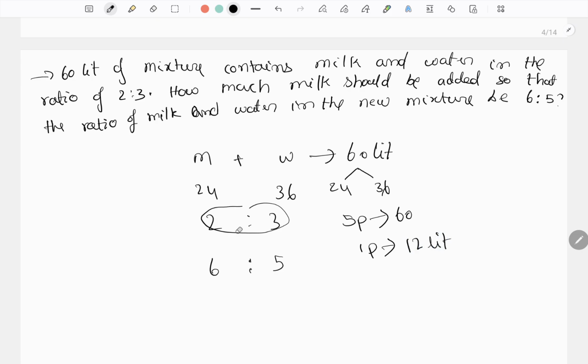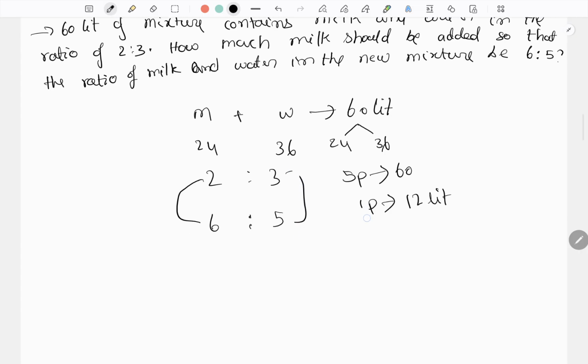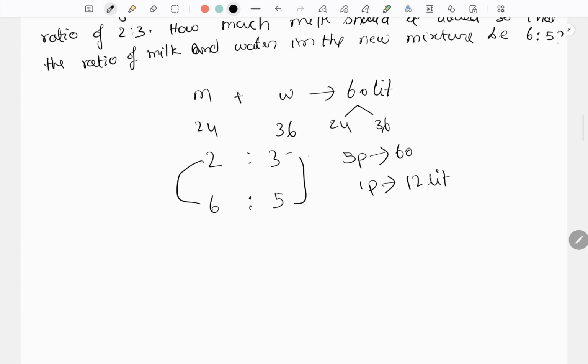We are adding milk, so there is a change in milk, but water should not change. So water should be the same. Multiply the first ratio by 5 and the second ratio by 3, because the LCM of 3 and 5 is 15. So 10, 15, 18, 15.